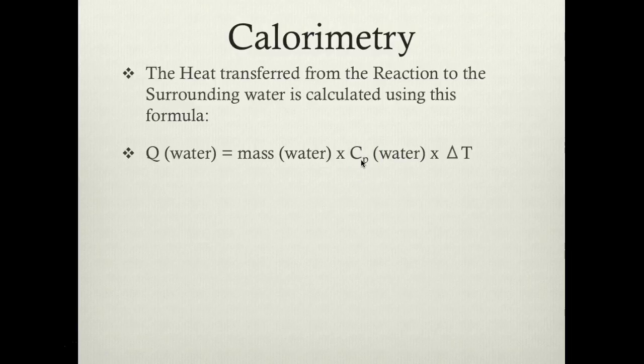What is specific heat? Specific heat, like density, is an intrinsic property. So water has a certain value for its specific heat. And the way specific heat is defined is if you take 1 gram of water and heat it up. Suppose its initial temperature was 22 degrees, and now it went up by 1 degree to 23 degrees.